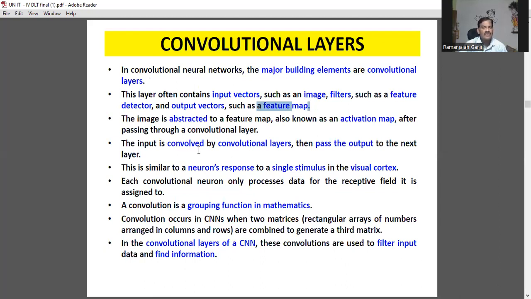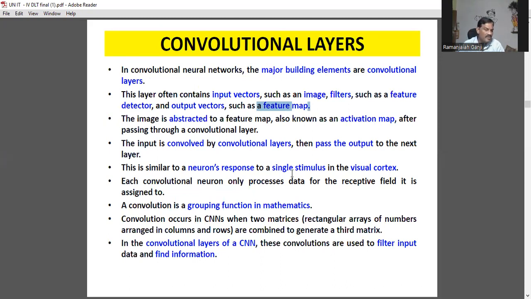The input is convoluted and then passed as output to the next layer. This is similar to a neuron's response to a single stimulus in the visual cortex. Each convolution neuron only processes the data for the receptive field it is assigned to. All fields may not be activated, only a specific field will be activated.